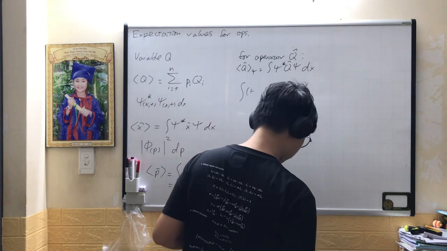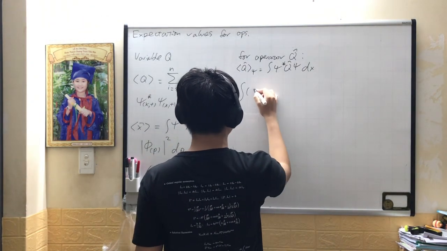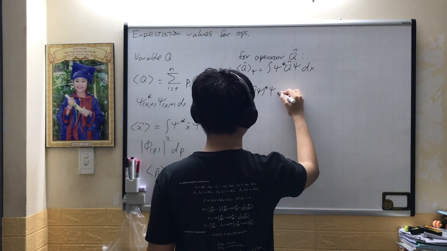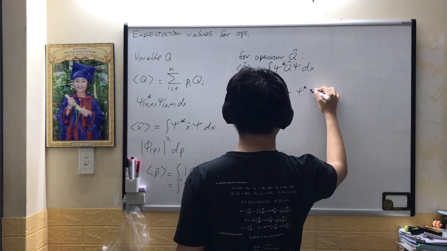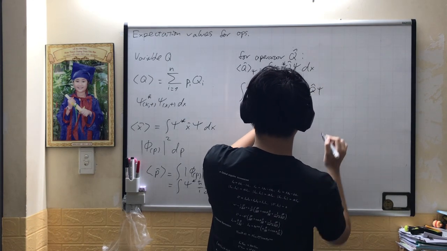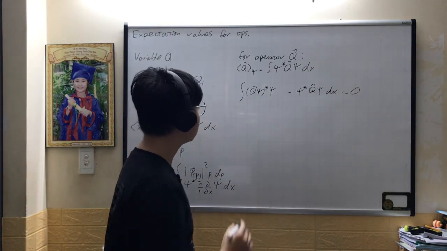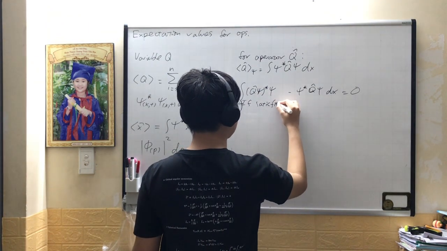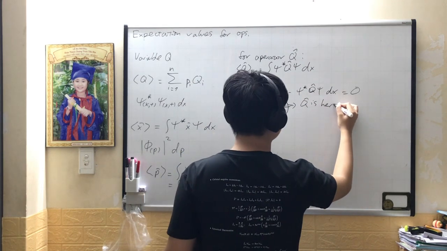If this is equal to 0 and it is satisfied, you would get that Q is Hermitian.